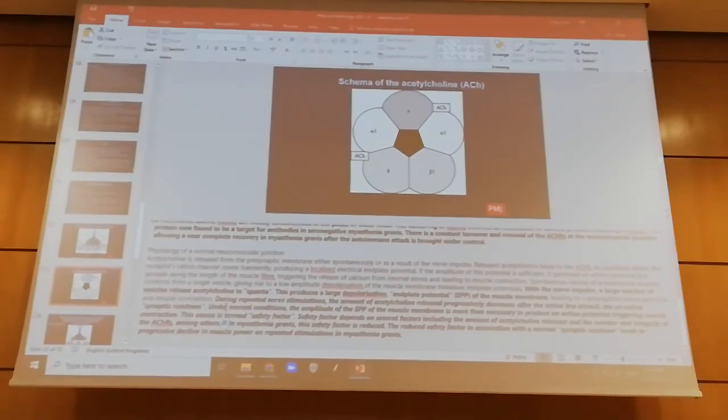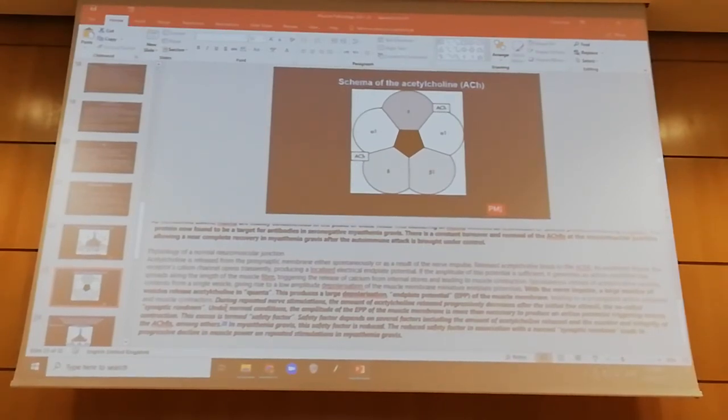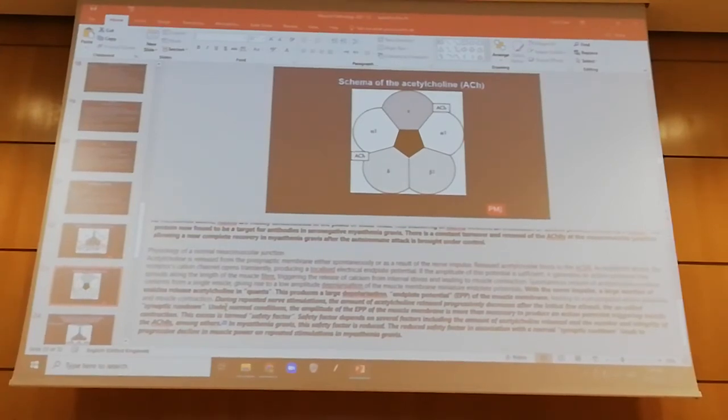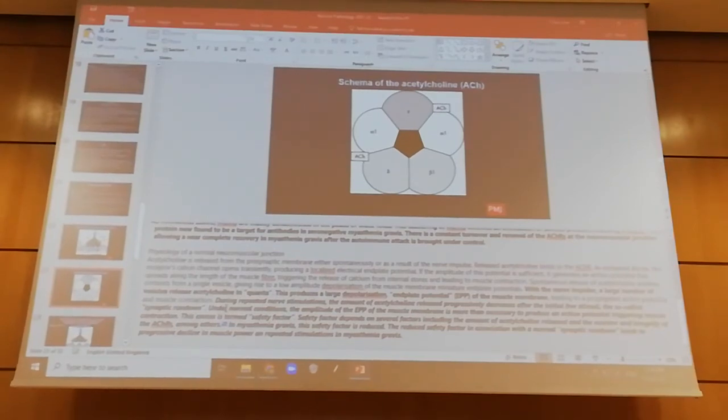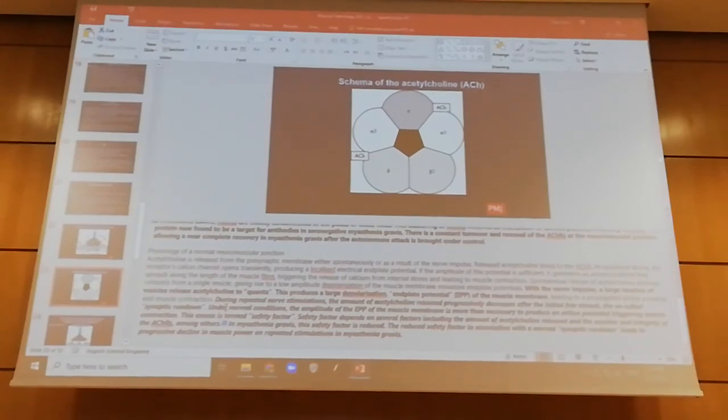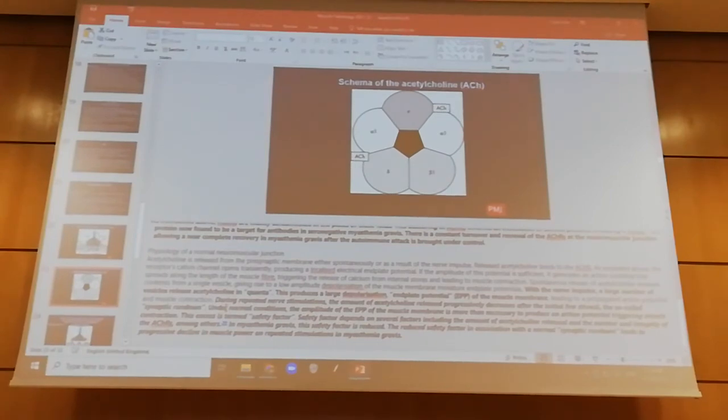You have a residual capacity, meaning 10 acetylcholine molecules will result in depolarization of the postsynaptic muscle, and 1 acetylcholine molecule will also do that. This between 1 and 10 is what you call the safety factor. So if you go from 10 to 1, you're still going to get a contraction similar to the one you get at 10.